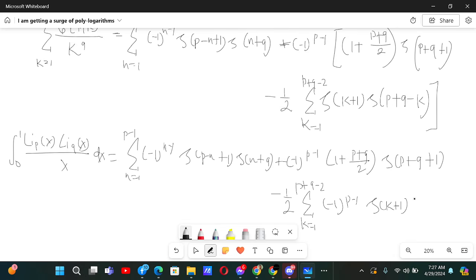Yes, and then Riemann zeta of p plus q minus k.